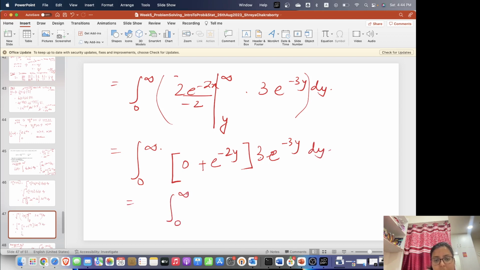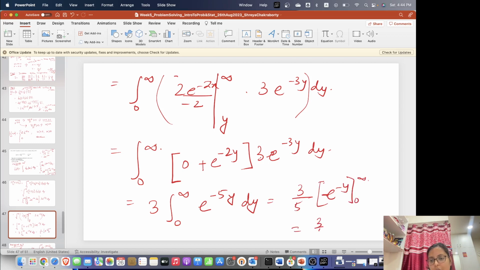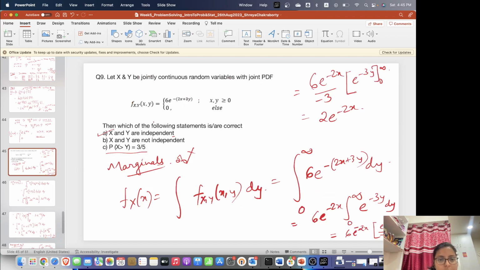So what we are having is 3 e to the power minus 5y dy. So it will be 3 by 5 times e to the power minus 5y by minus 5... evaluated, which is 3 by 5, 0 minus of minus 1. So this holds true. Probability x greater than y is 3 by 5.